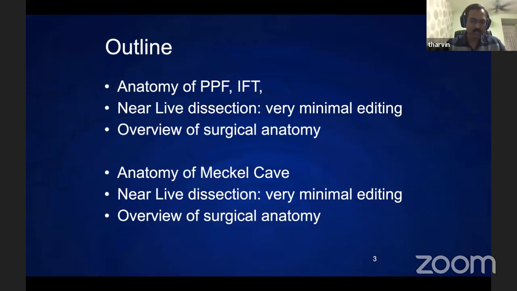A dissection should be done the same way as if we are going to do a surgery. We should use the same instruments, dissect in the same planes, and preserve the muscles and delicate structures that we would preserve in surgery. Then I will also show an overview of the anatomy from some of the dissections I've done. Sometimes repetition is good because it shows the different anatomical configuration in different cadavers. Then I'll move on to Meckel's cave with the same format.